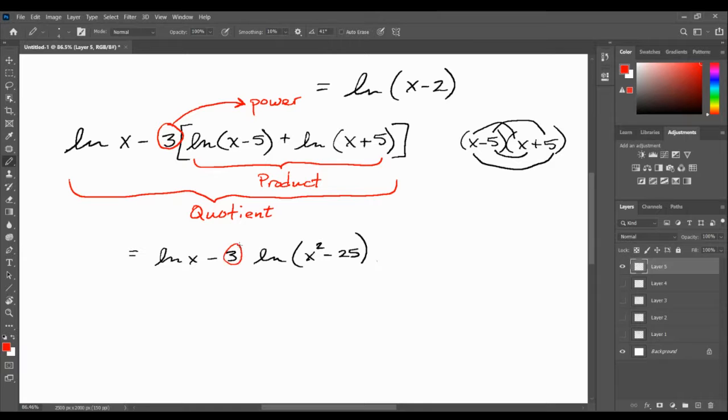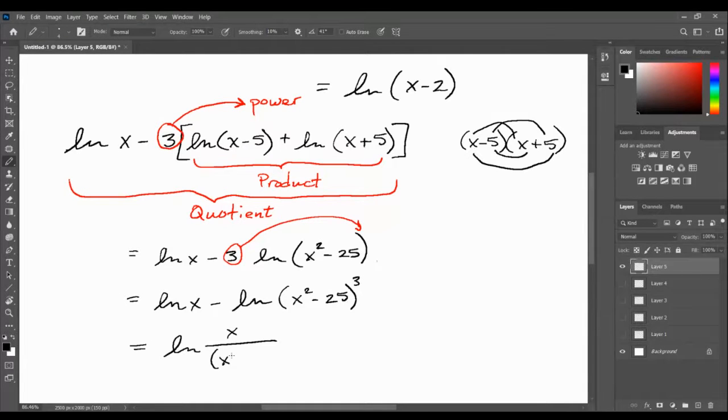So I'll take this 3 and bring it up as a power in the argument. So we've got natural log of x minus the natural log of x squared minus 25 cubed. And now we'll apply the quotient rule because I have the difference of two logarithms. So that becomes the natural log of x over x squared minus 25 quantity cubed.